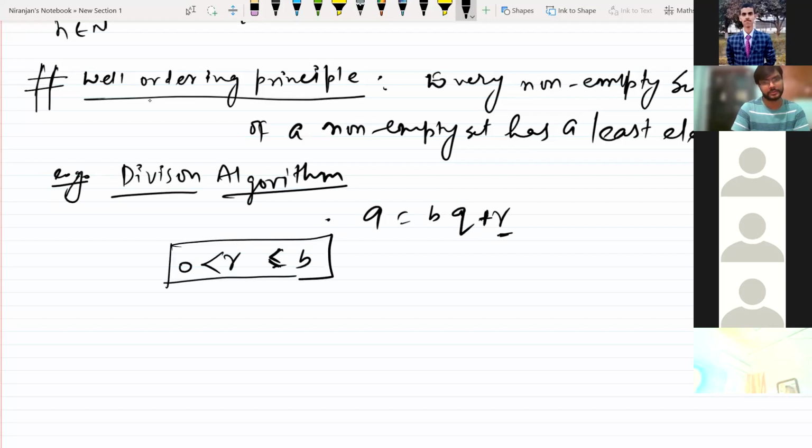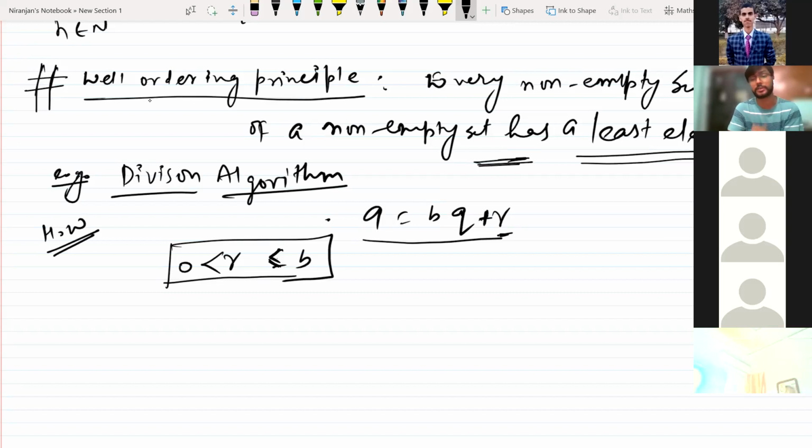This is what the fundamental theorem of division says. If you are really enthusiastic, you can take it as homework and read more. But the questions asked on the well ordering principle are mostly from the definition, and you should always remember that it has a least element, whether it's a set or a subset, whether it's a non-empty set or a non-empty subset of a non-empty set. So always remember this.